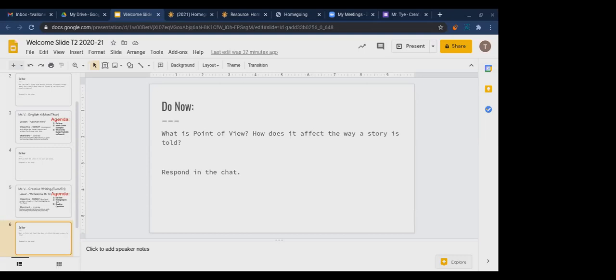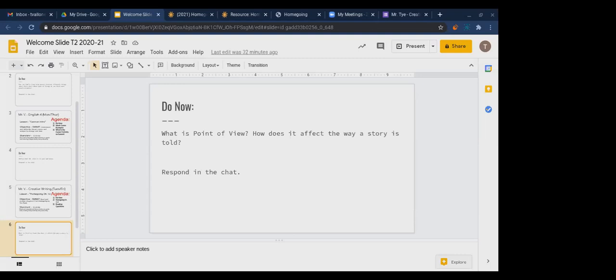So if we think about the same story, how can it be affected when told from different points of view? We know what point of view is: how someone sees the story, the viewpoint or lens through which somebody is seeing or telling a story.